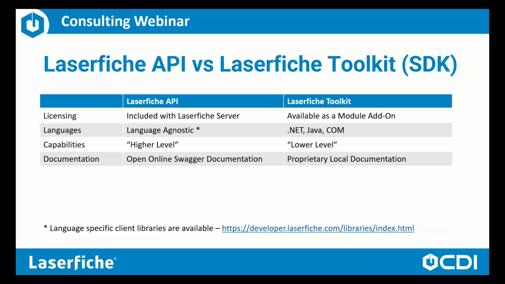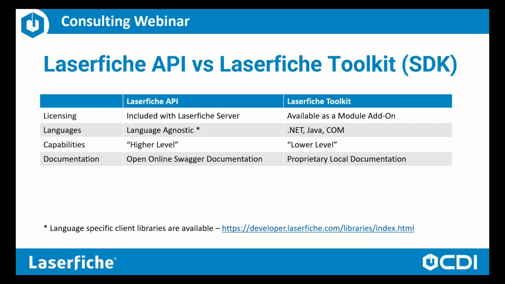So what's the difference between this new API and the Laserfiche Toolkit, or SDK, which we have had available since version 7, if not longer? One of the key differences is with licensing. The Laserfiche API is included with your Laserfiche server licensing.